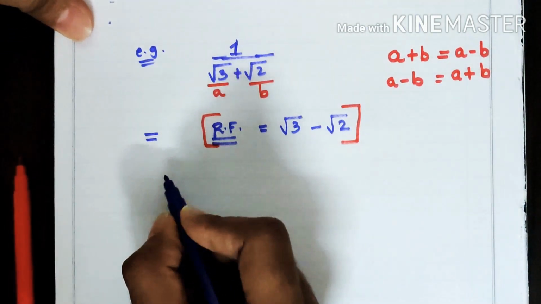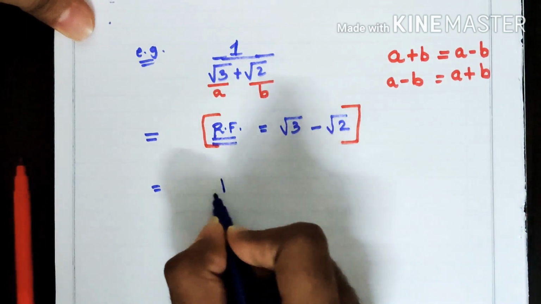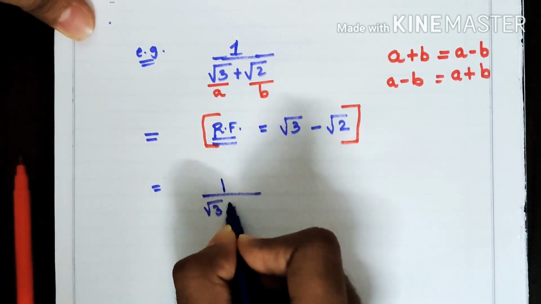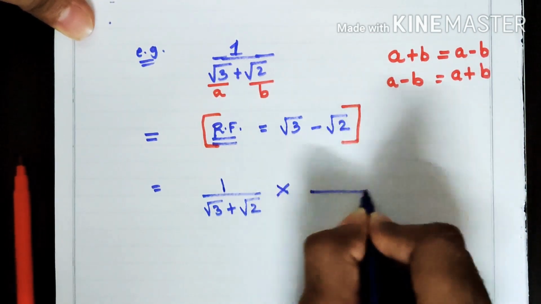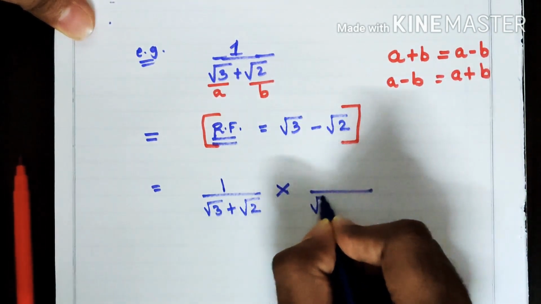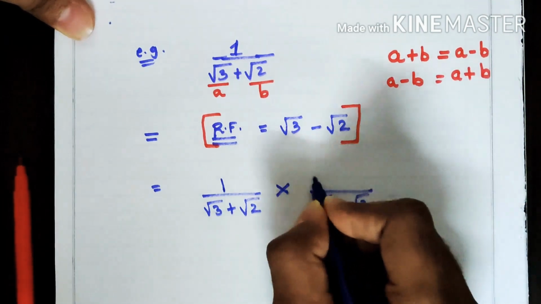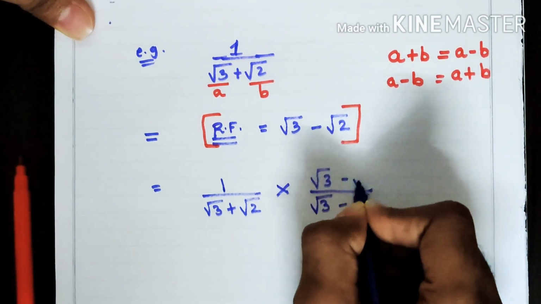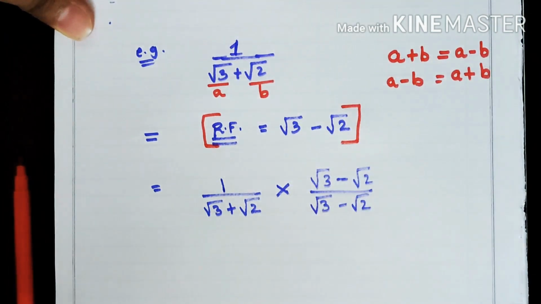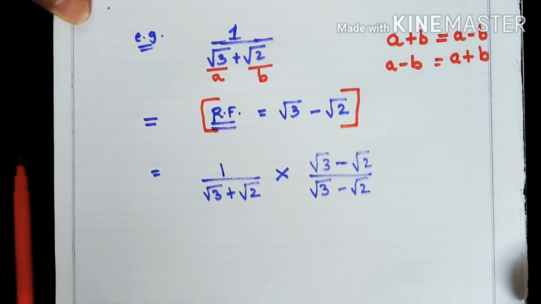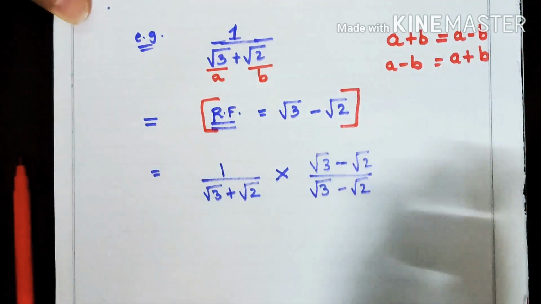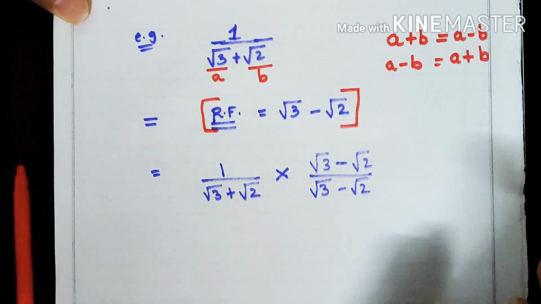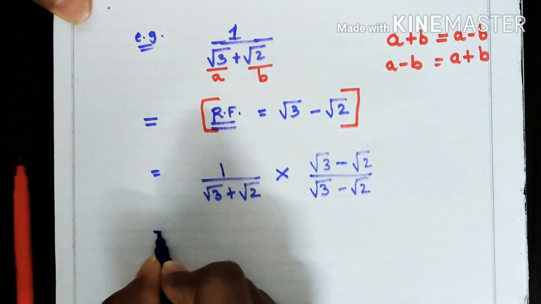Now we will perform rationalization. Our number is 1 upon root 3 plus root 2. We will multiply this number by the rationalizing factor in the denominator as well as in the numerator.